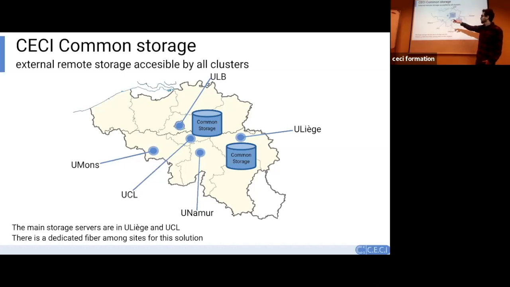So this gateway machine is connected to a dedicated connection for this solution. Especially when you write in Mons, you have the local gateway machine there, but this machine then, from time to time, will write to the servers at the UCL and Liège.